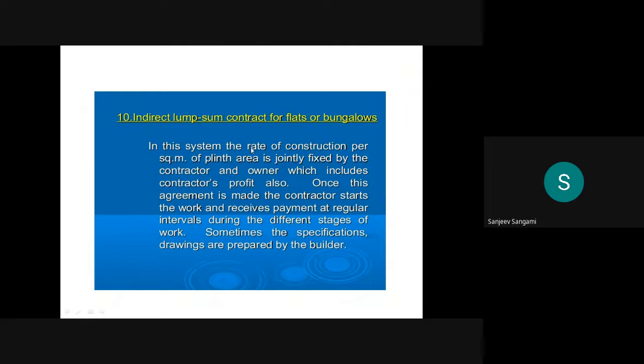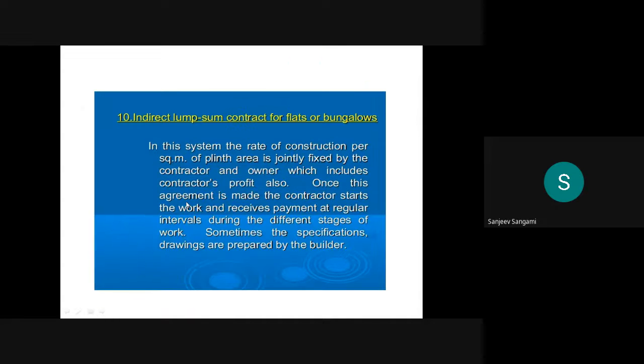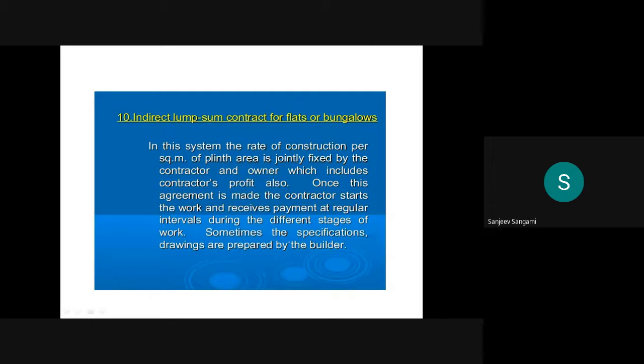In this system, whatever the rate of construction is, that rate per square meter of the plinth area is jointly fixed by the contractor and the owner, which includes the contractor's profit also.